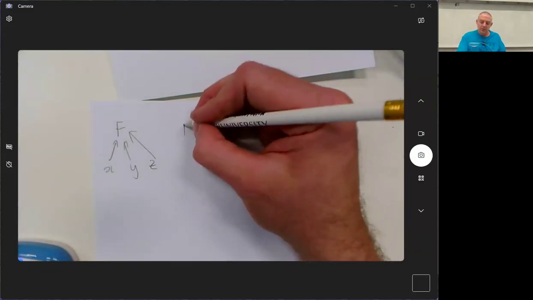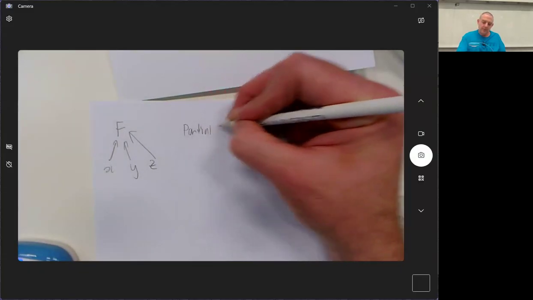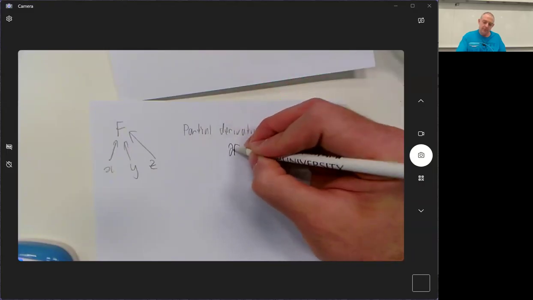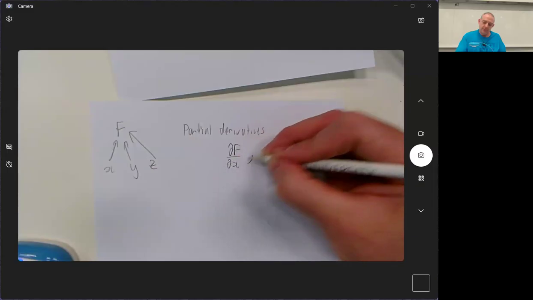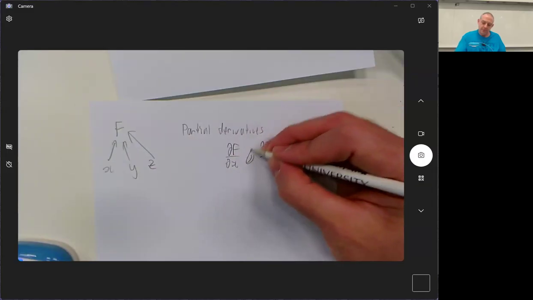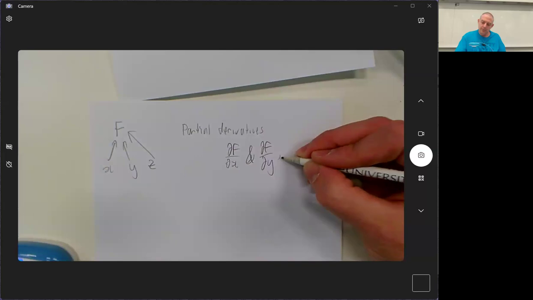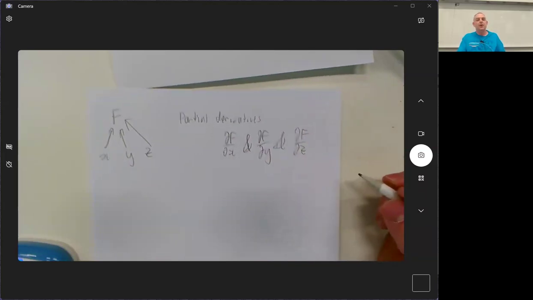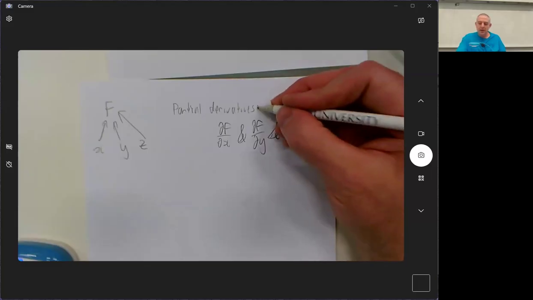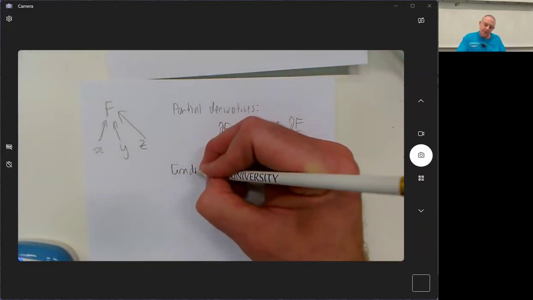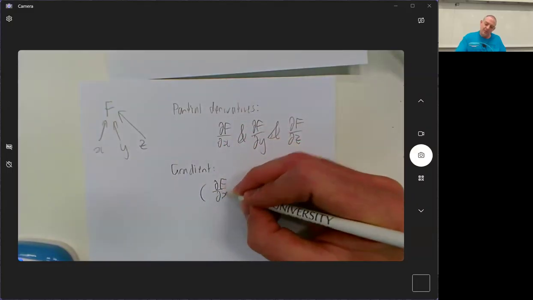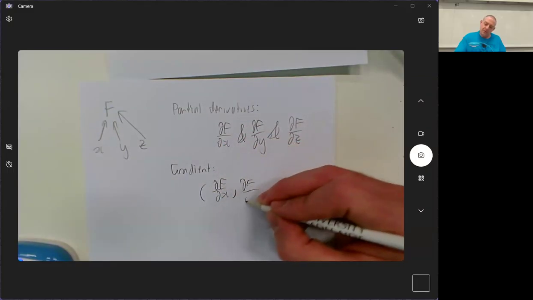And we have partial derivatives, df on dx and df on dy and df on dz, that's great. And the gradient, which is a vector which has those 3 things in it.